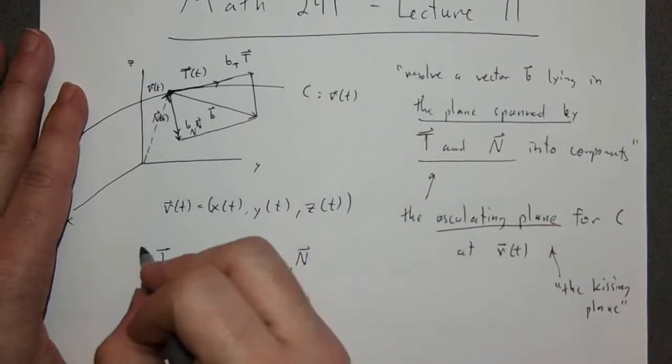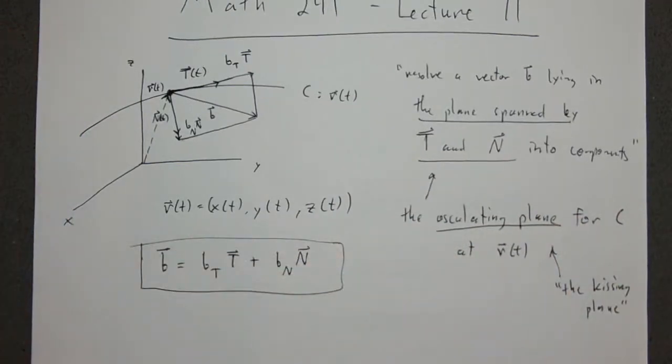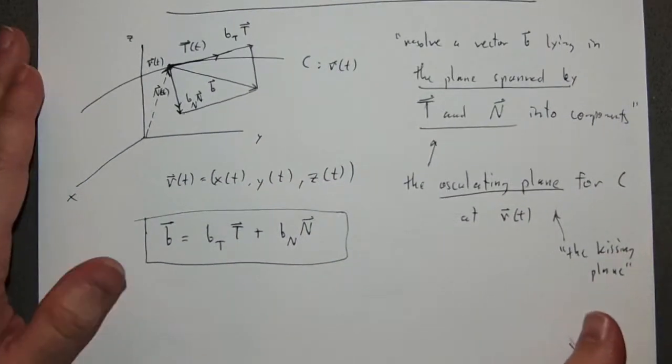Okay, and now our goal is to not just do this for any vector. This is just showing you the general picture. The goal is to do this for the acceleration vector.